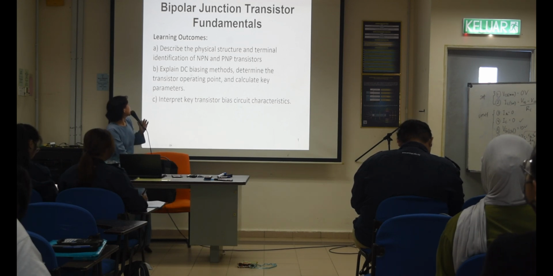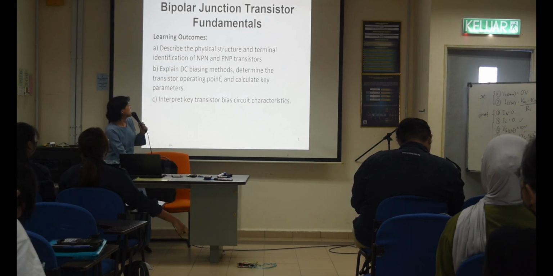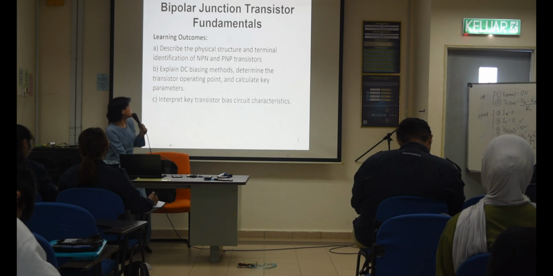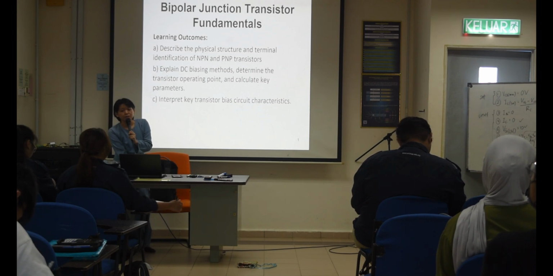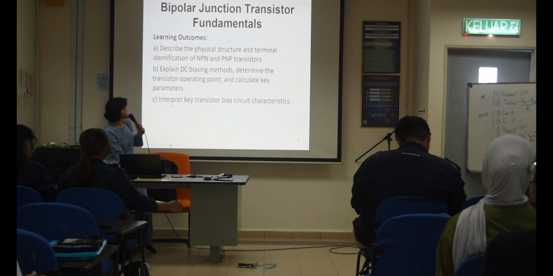Second, you will be able to explain the DC biasing method, determine the transistor operation point, and calculate the key parameters, for example IC current, IB, and the voltage between collector and emitter. The last one, at the end you are able to interpret the transistor bias circuit characteristics.